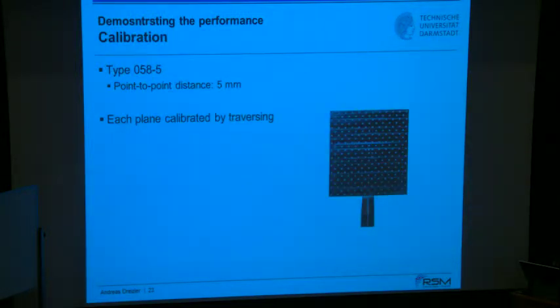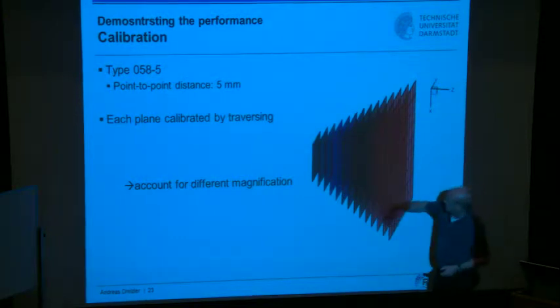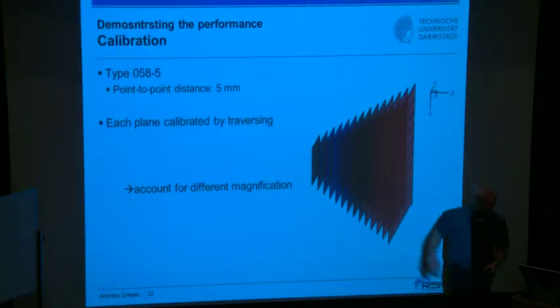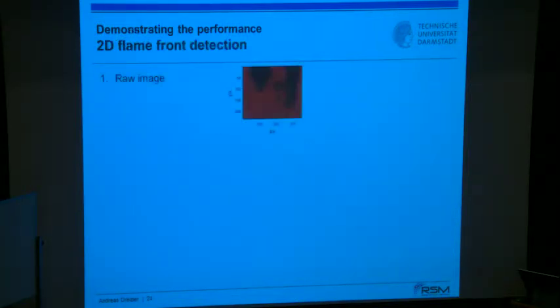For each of the planes, you have to calibrate your camera, for example using a calibration plate like that, because depending on the location you have different magnifications, and that needs to be accounted for. This might be time consuming, but it is needed so that you don't have any distortion or aberration due to the magnification being different for these different locations.